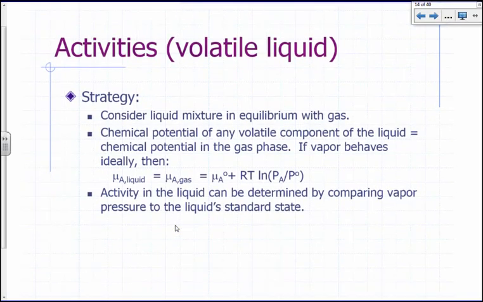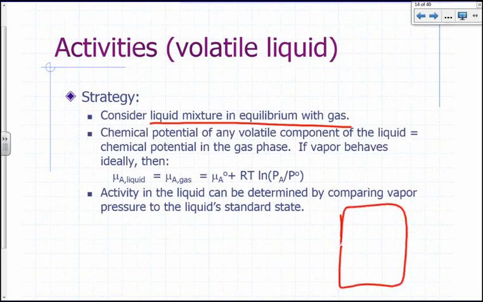Let's take a look now at volatile liquids. The strategy for determining activities for volatile liquids is as follows. First, you consider a liquid mixture in equilibrium with the gas. Let's say you have a liquid mixture containing A. You have a liquid right here, and part of that liquid is component A plus others.